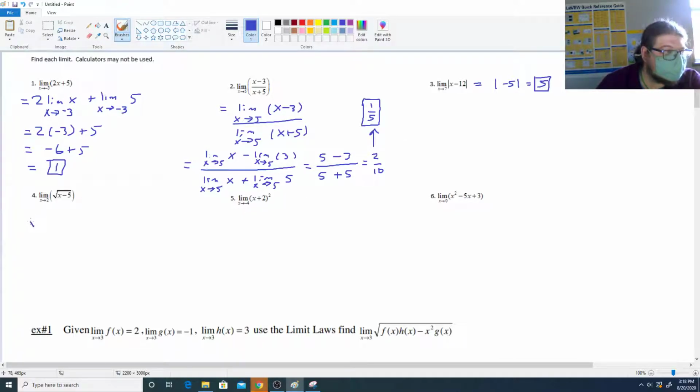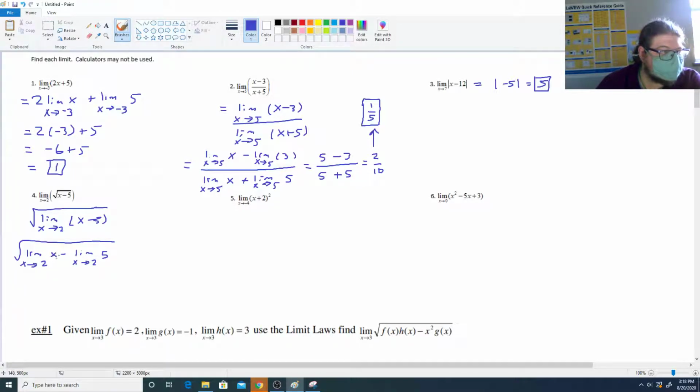For this one, we're able to pull the limit inside the square root. Then we can break the limit up across that subtraction, so we'll get the limit x approaches 2 of x minus the limit x approaches 2 of 5.